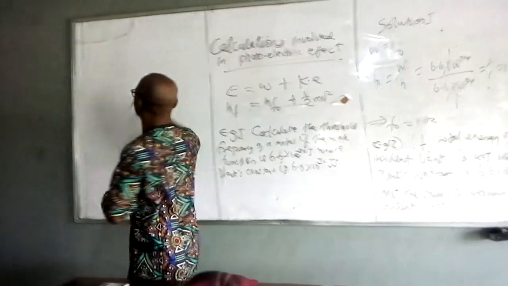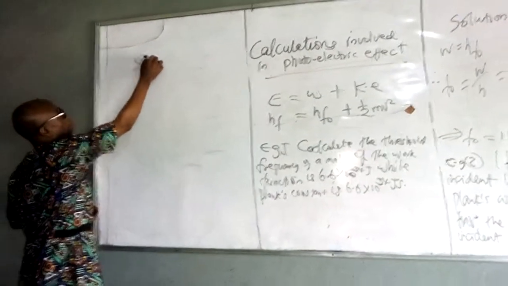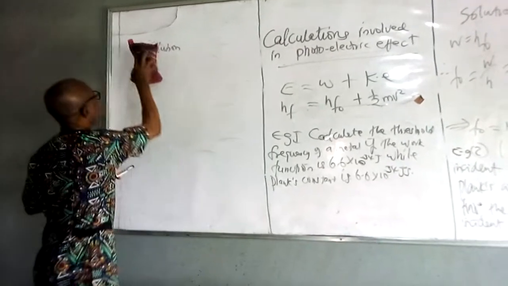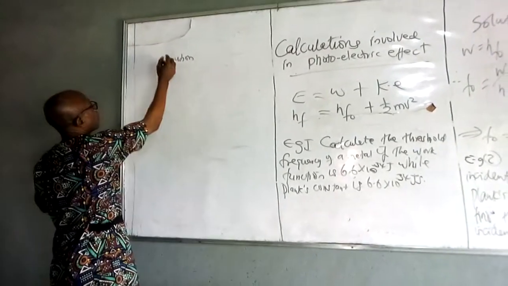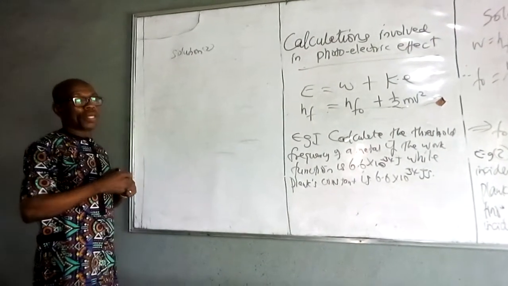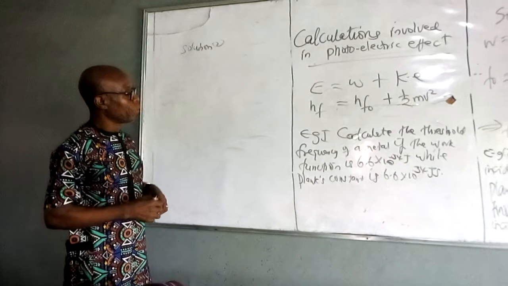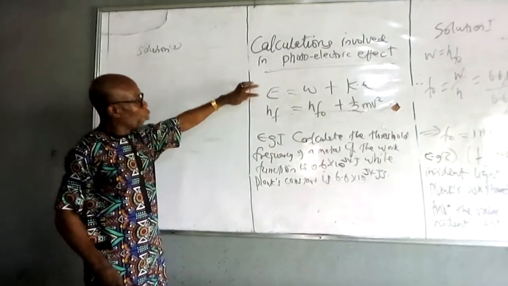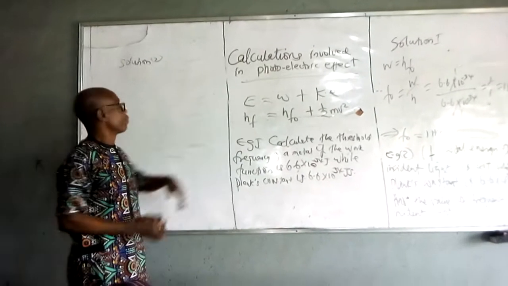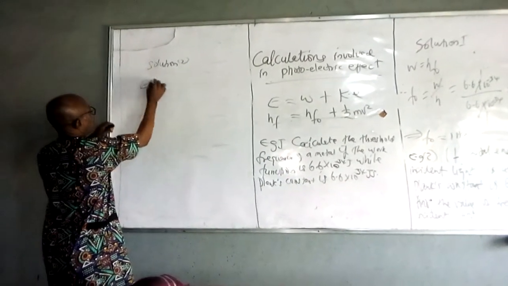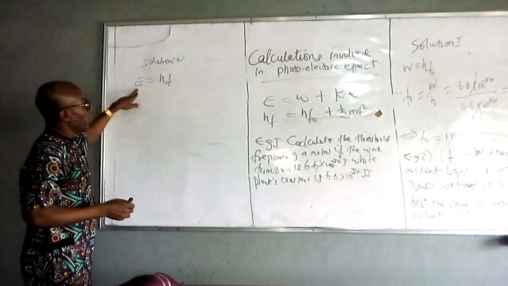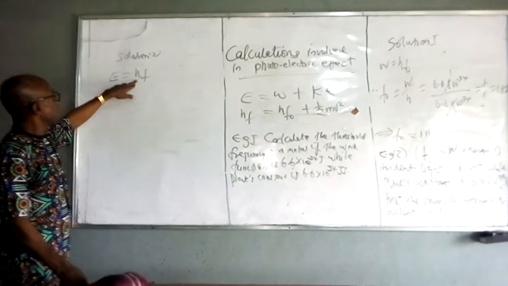Solution to this problem can be obtained by equating this E with hf. E is equal to hf. And E has been given, h has also been given.